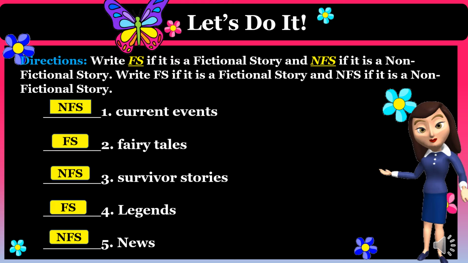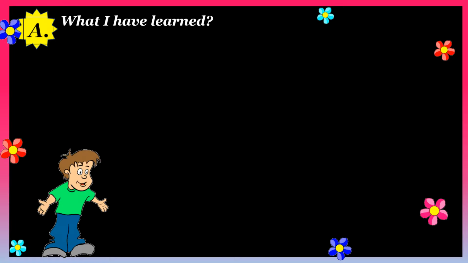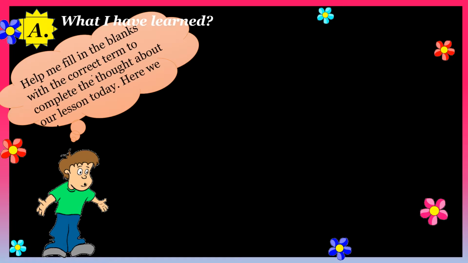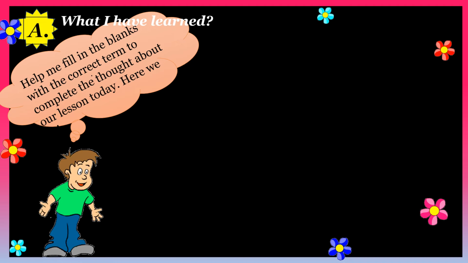Yay! Okay, now let's go to the next part. So, this is Nathan again, and he is asking you to do something. He says, Help me fill in the blanks with the correct term to complete the thought about our lesson today.